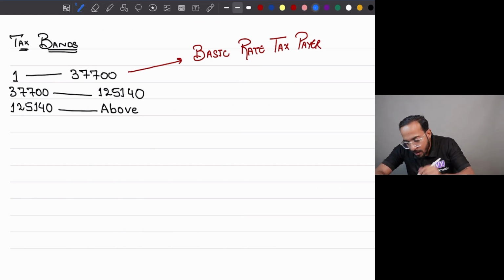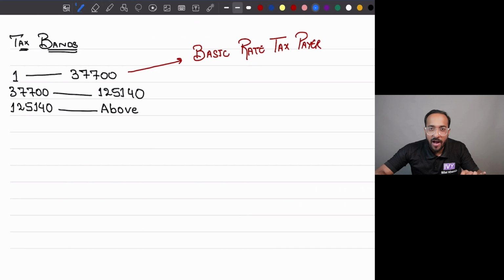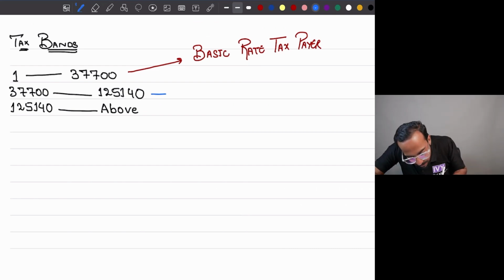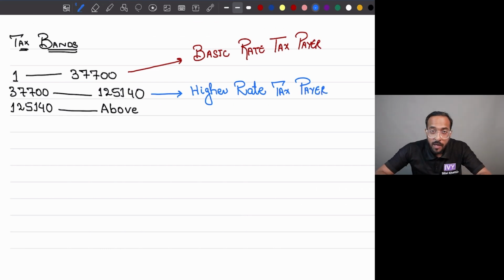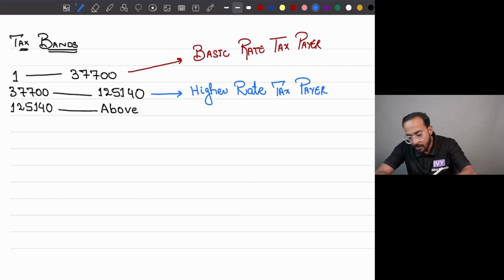What if, sir, the person has a total taxable income more than 37,700 but less than 125,140? So he will be called a higher rate taxpayer. Sir, what if the person has a total taxable income more than 125,140?